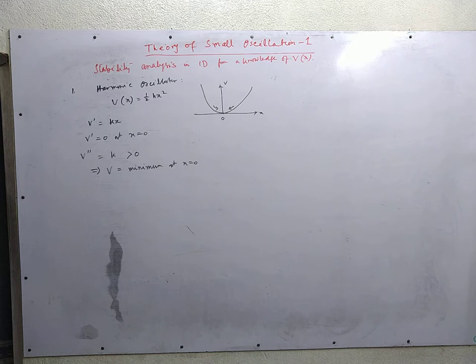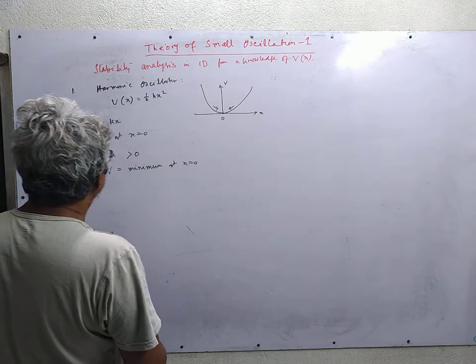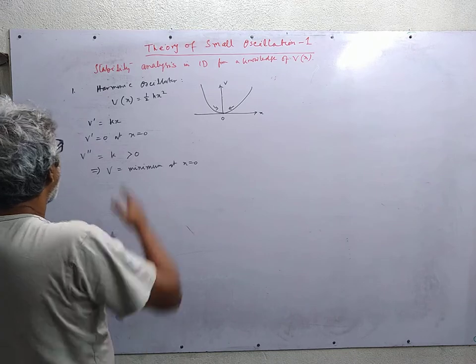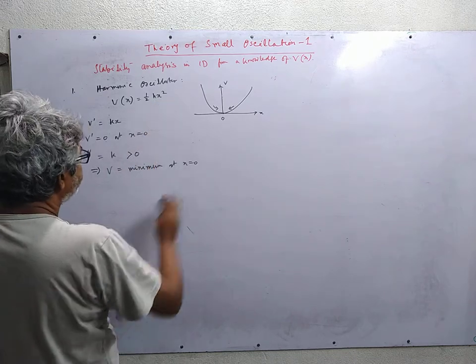As the second example, we shall consider an anharmonic oscillator. So a harmonic oscillator is one for which the potential is a pure parabola. For an anharmonic oscillator, the potential has terms with power higher than x square.